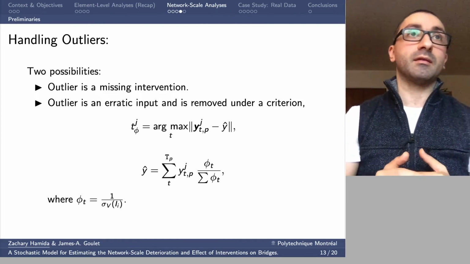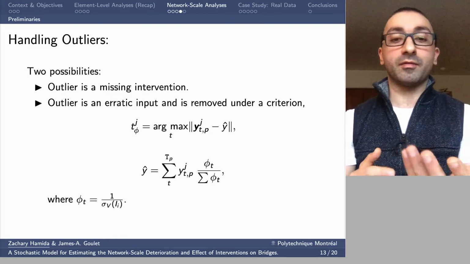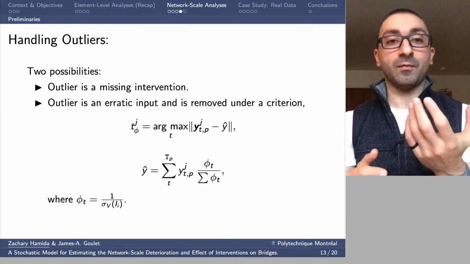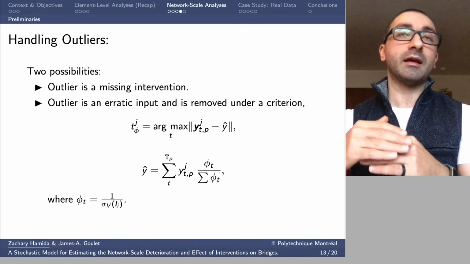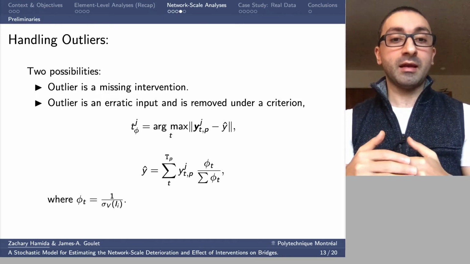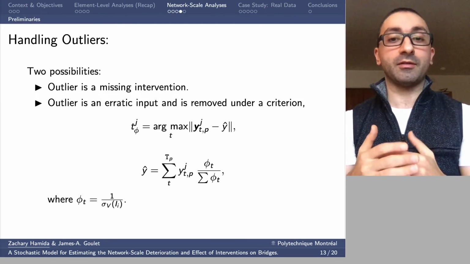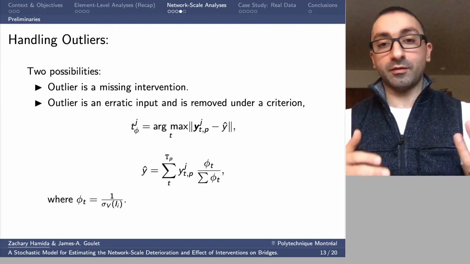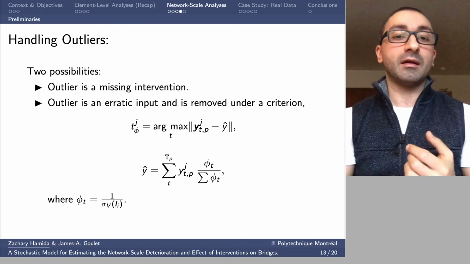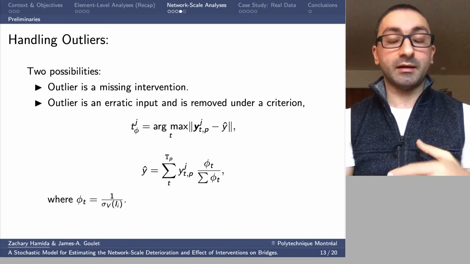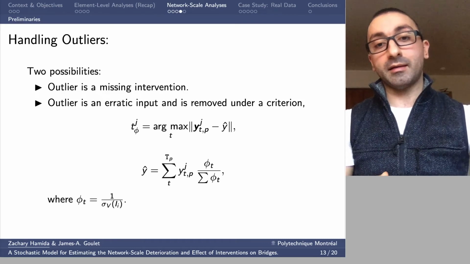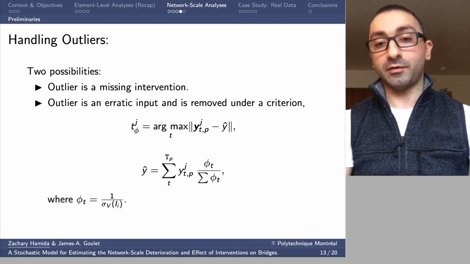So for an observation to be an outlier, it has to be really far away from all other observations, and the inspector that performed it has to have a large uncertainty. This is the best criterion that we can derive based on the available data in a given element. So that's for handling outliers and handling missing data.